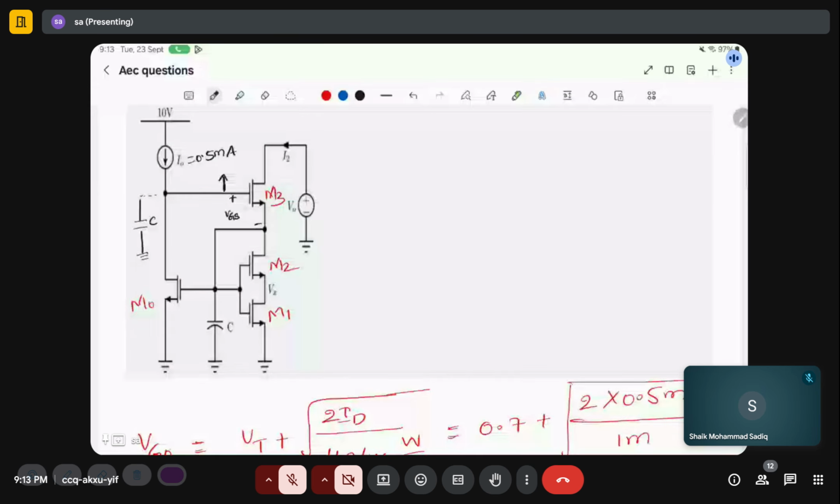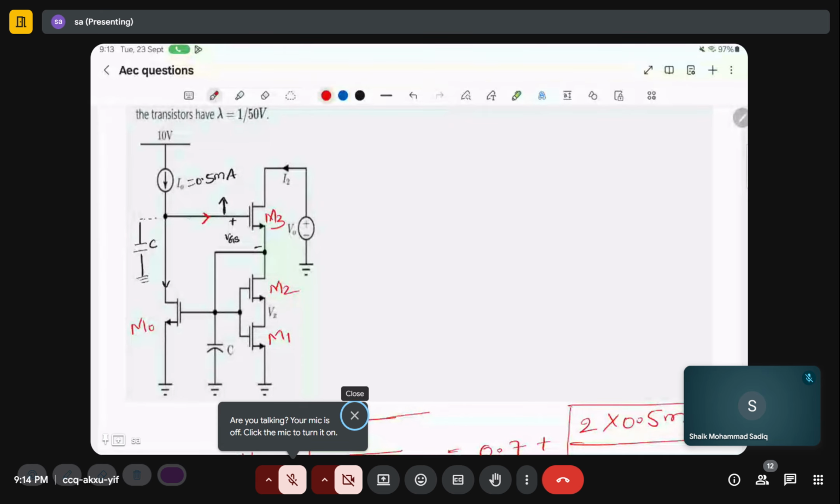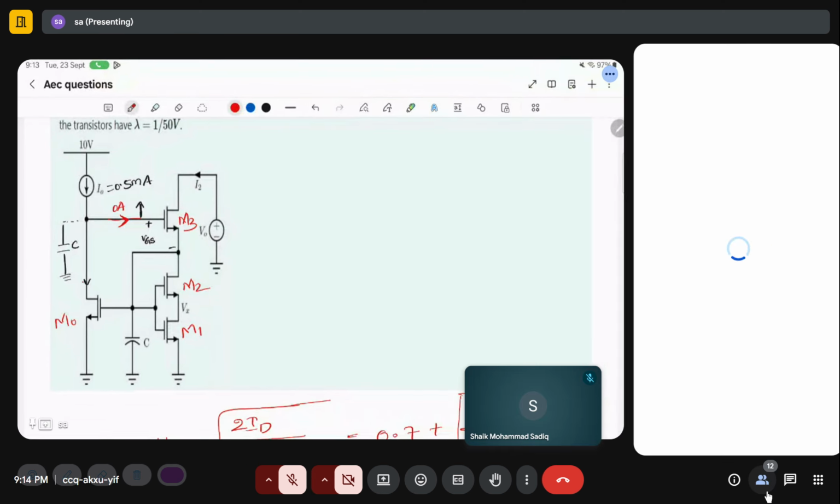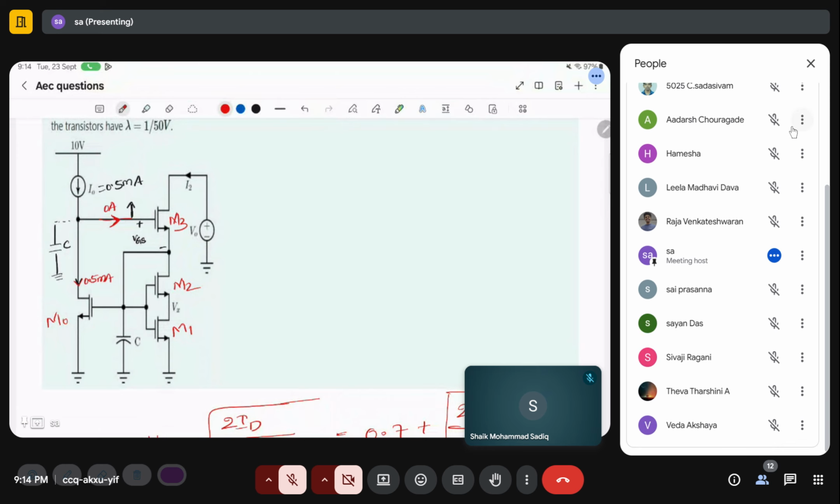What is the current flowing in M naught? The current flowing in M naught is 0.5 milliamps. This is fixed.